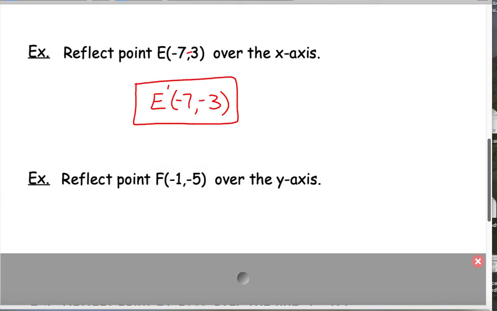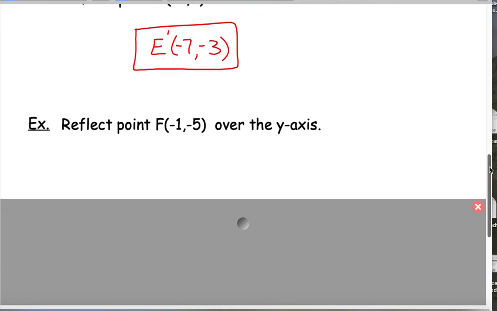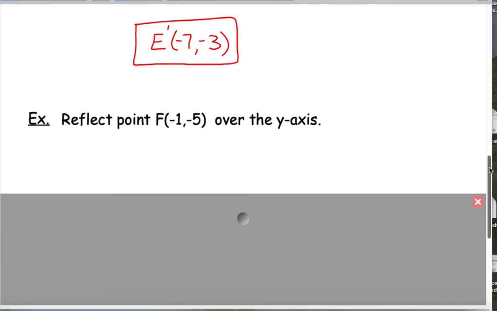Reflect the point F over the y-axis. And it might be helpful, you can refer back to the first page or just write the rule. So the rule, when we reflect, it's right over on the side here. The rule when we reflected over the y-axis was x, y. Reflect over the y-axis became the opposite of x, y.